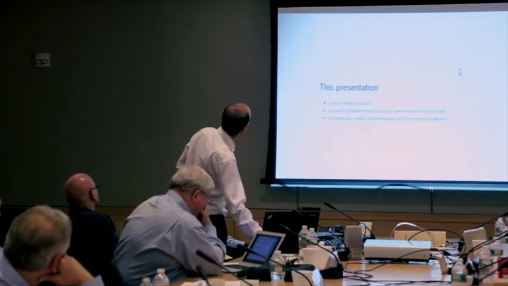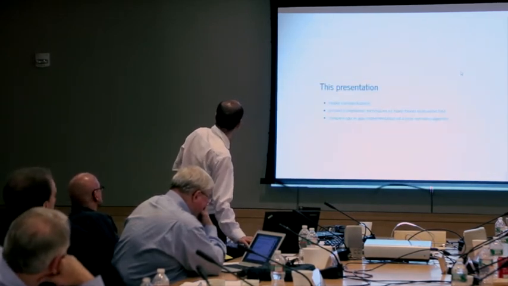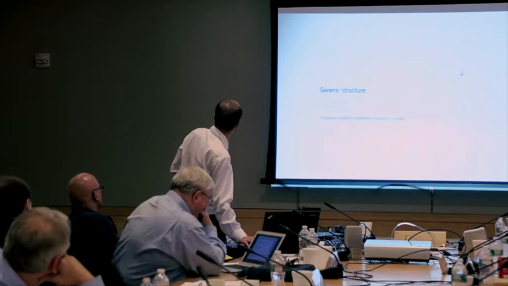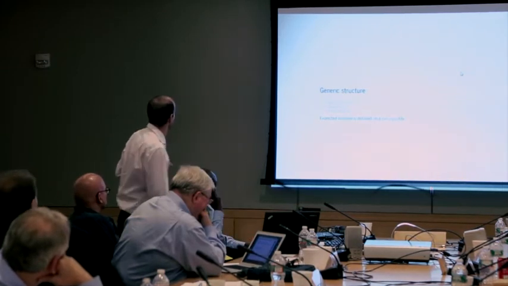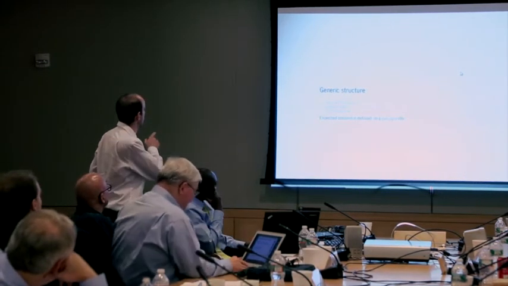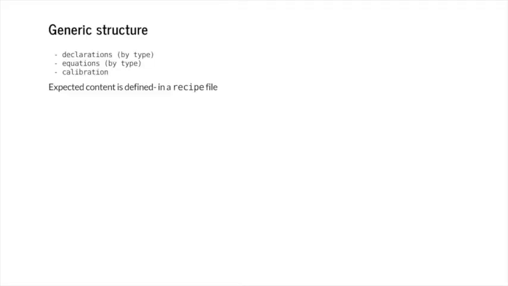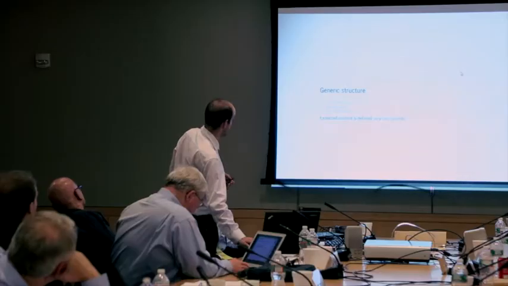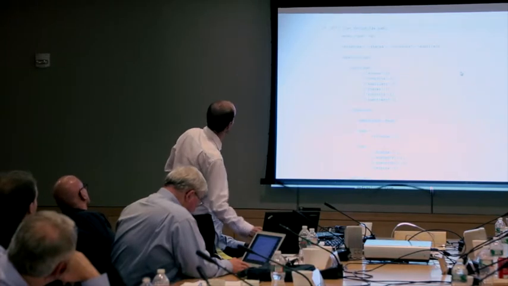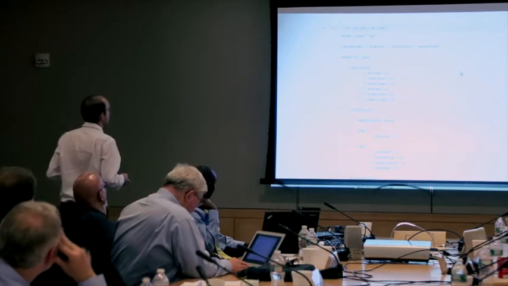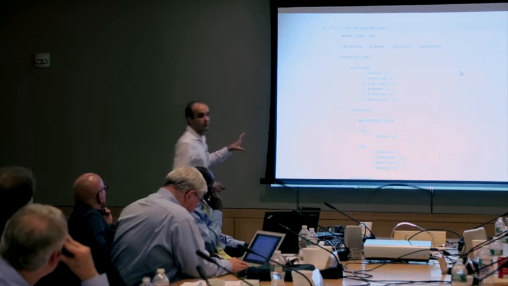The nice part is, for any model, you have this generic structure: declaration, equations, and calibration. And you can define your own type of model in what I call a recipe file. For the FGA model that we have just seen, the recipe file defines what is to be expected in your model.